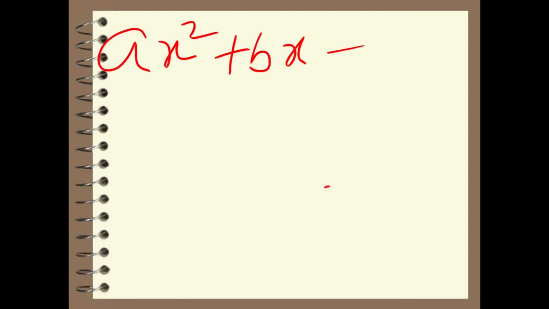Okay students, now we discuss the process of doing these problems. Okay, now the first one. So for all the three types of problems, the expression is here ax square plus bx plus c.